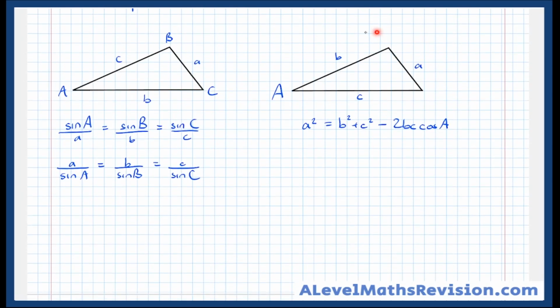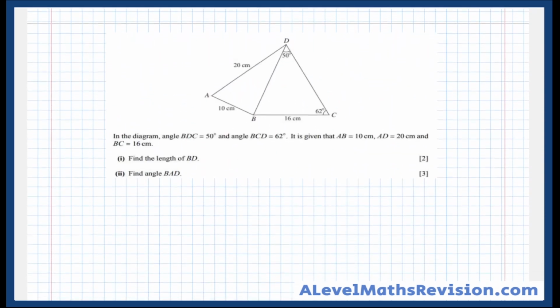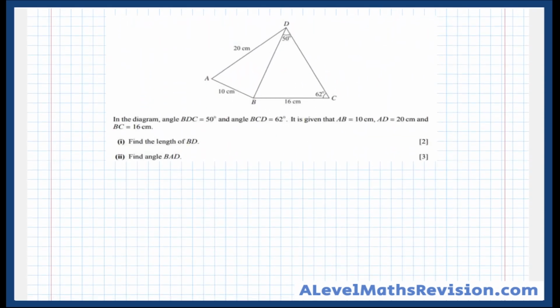The cosine rule gets used when there's one angle involved in the question. The sine rule gets used when there's two angles involved. So in this example here, we're being asked to find the length of BD. So it's probably best to consider the triangle with the most information on, which is this one here. So this one involves two angles, so we're going to use the sine rule.